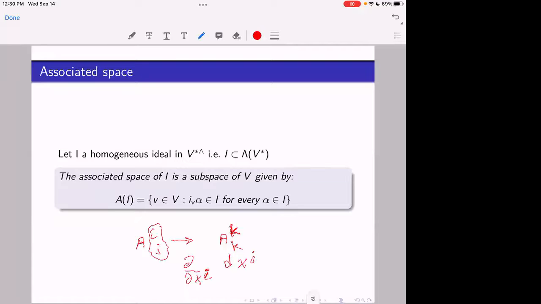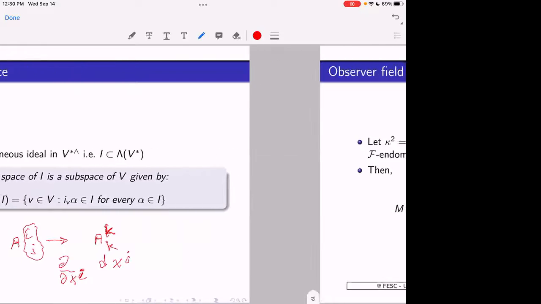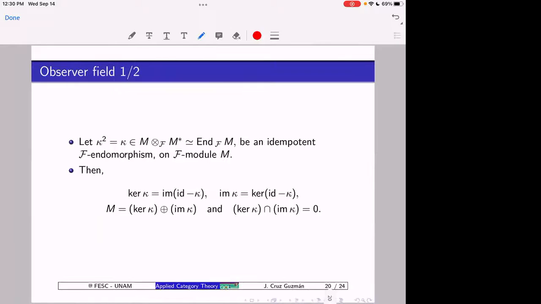In these slides before, I introduced the concepts of derivation, but at the end I want to speak about the observer, as a way of splitting the space using an idempotent.